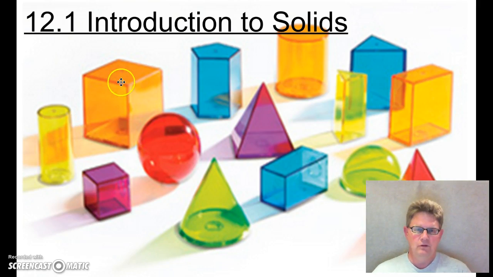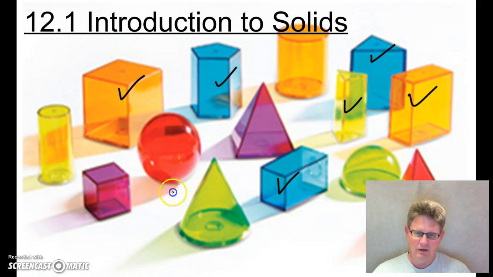Now, some of the solids in this picture are polyhedra. That's the plural of polyhedron. Okay? I'll show you the ones that are polyhedra. Check, check, check. In fact, all the checks I'm making right now, the special form of polyhedron that these are, prisms.